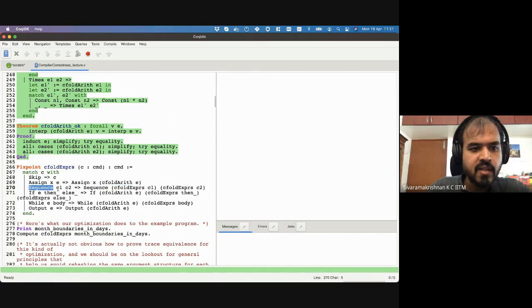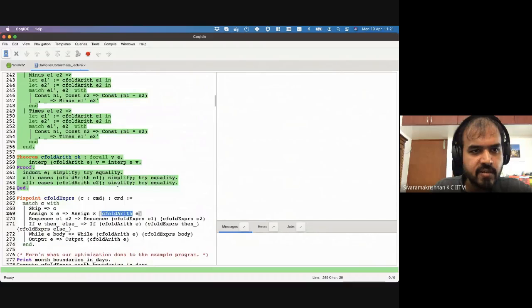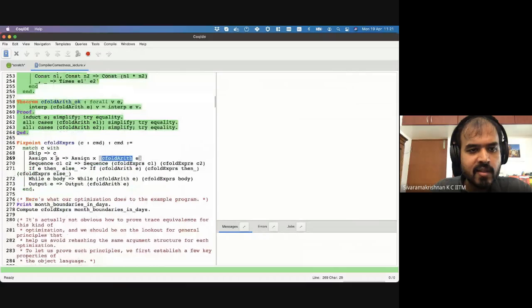If you have a sequence C1, C2, you recursively constant fold on C1 and C2. And whenever you find an arithmetic expression, you call C fold arith, which is this definition. That appears on the right hand side of the assignment, the predicate for if and while, and the output. So wherever this expression appears, we are going to do constant folding.